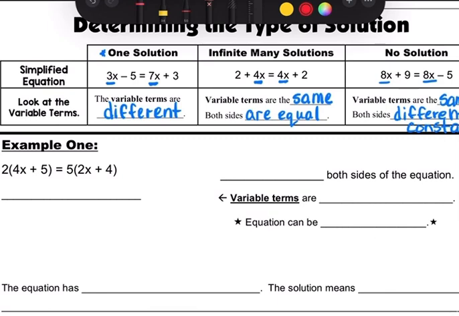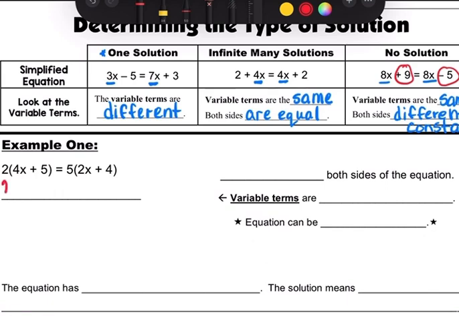The constants will be different, because 9 and -5 are different constants. So don't get that confused with one solution which talks about different variable terms. No solution is different constant terms. So please make sure you understand that. Make sure you study that. It is very important for your test.